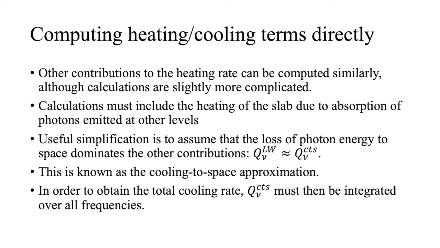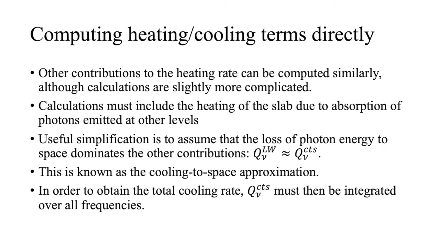Sometimes, particularly the long wave cooling to space term can be a pretty complicated term. And so it's not uncommon to use a very simple assumption, what is known as a cooling to space approximation, and essentially assume that the loss of photons to space dominates all the other contributions.